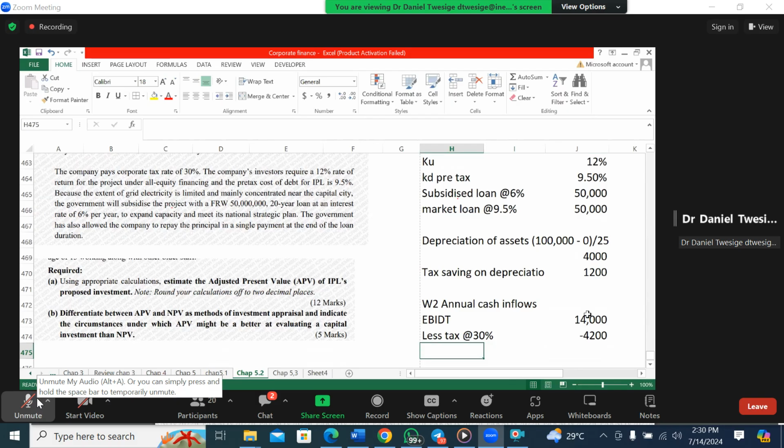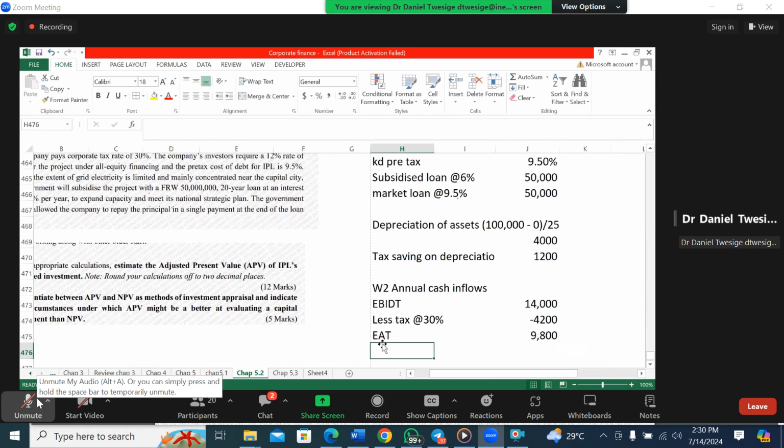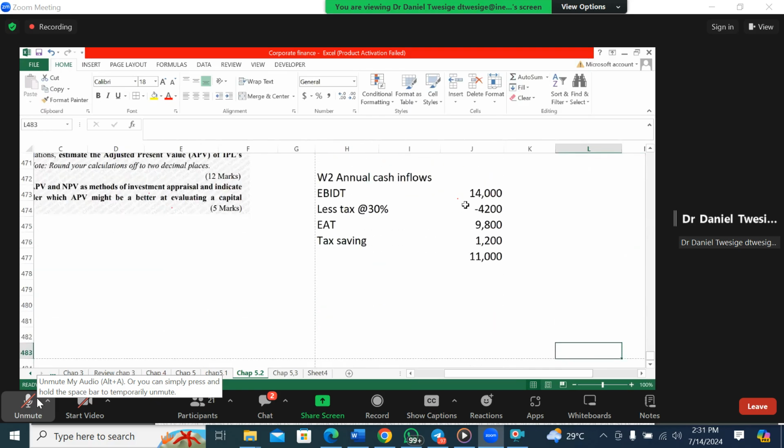Then I have my EAT. Then I consider the tax saving, which is 1,200. Then my annual cash flows will be this.